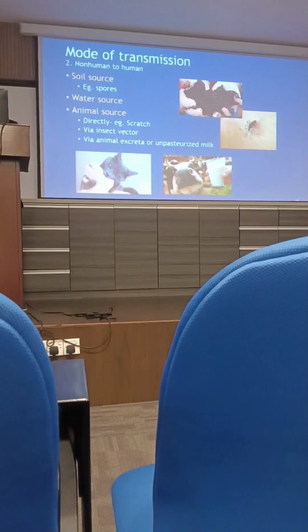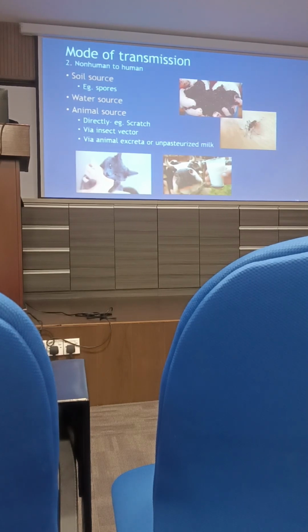Next, from non-human to human, for example, soil. The soil may contain a lot of bacterial spores. We mentioned spores in our last lecture, so it is through trauma, during accidents and so on, or sometimes during gardening, some bacteria, or even fungi, can be transmitted to the person.